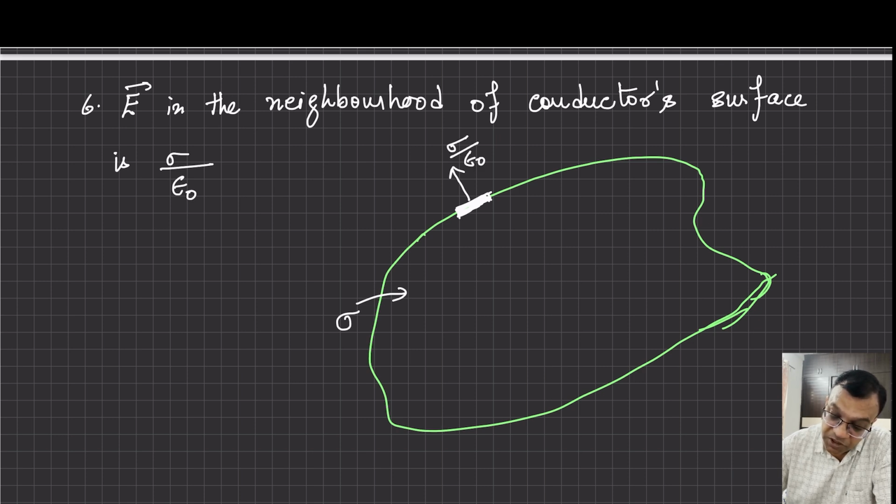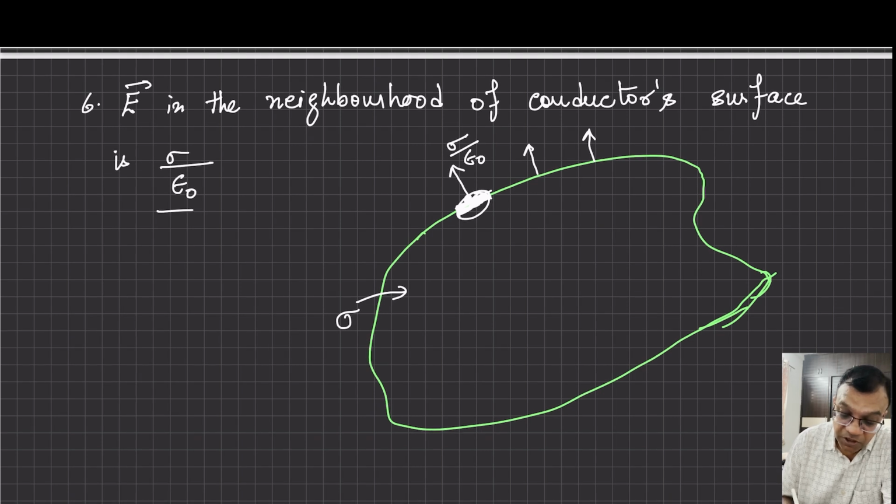Electric field at this particular point near the conductor will be sigma upon epsilon naught, where sigma is the surface charge density at the location where you are writing the electric field. So we can say it is sigma upon epsilon naught, where sigma is the local charge density.